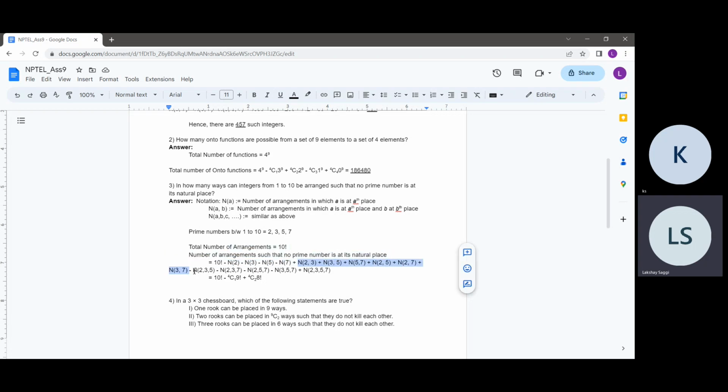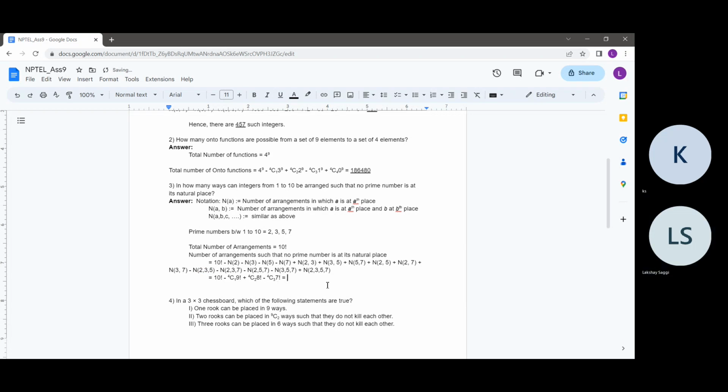And similarly, I'll get 4c3 from these triplets, minus 4c3 times. Now 3 numbers are fixed, let's say 2, 3, and 5 are fixed. So there are remaining 7 numbers which can be put in any order, so this will come out to 7 factorial ways.